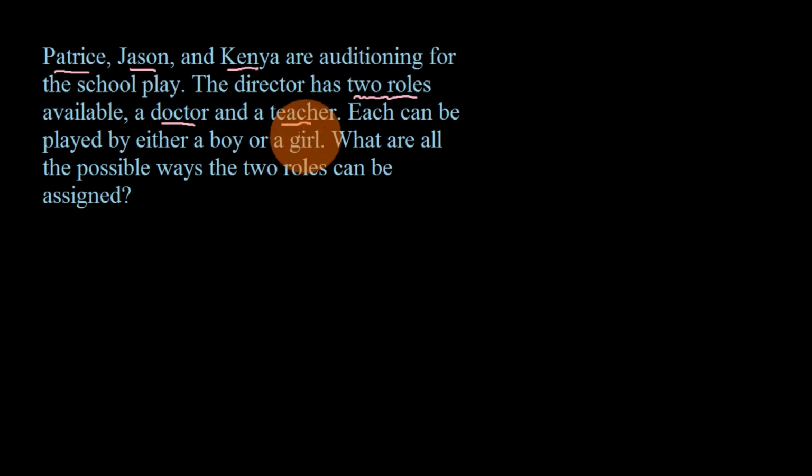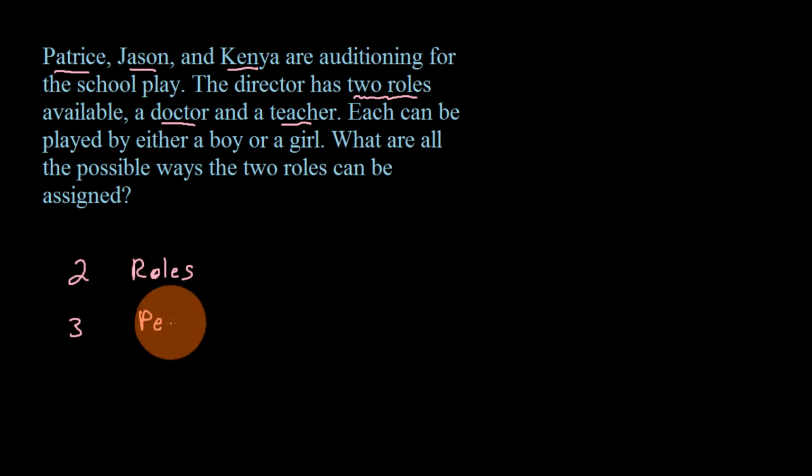Well, real quick, what I want you to be real careful of is, since we've been working with combinations and looking at counting methods with combinations, you might be tempted to say, well, since there are two roles available, and since there are three people auditioning for those roles, then all I have to do, since these are combinations, is multiply 2 times 3. 2 times 3 will get me 6.